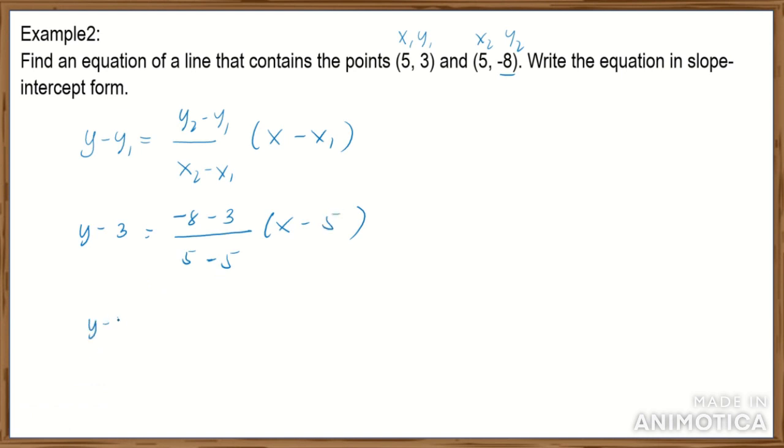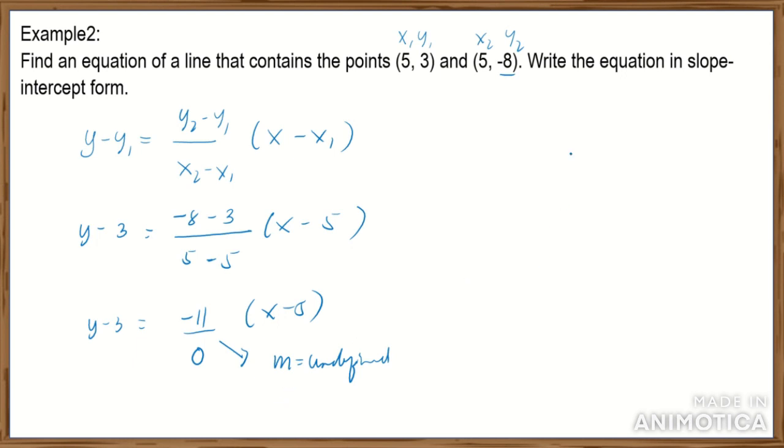So, let us now determine the slope. We have negative 8 minus 3 is negative 11, and 5 minus 5 is equal to 0, times x minus 5. So, meaning to say, we cannot write the equation of the line in the slope-intercept form. Why? Because obviously, our slope is undefined. M is undefined. Therefore, the line is vertical.